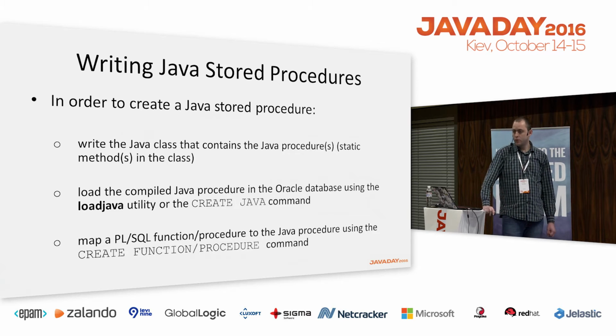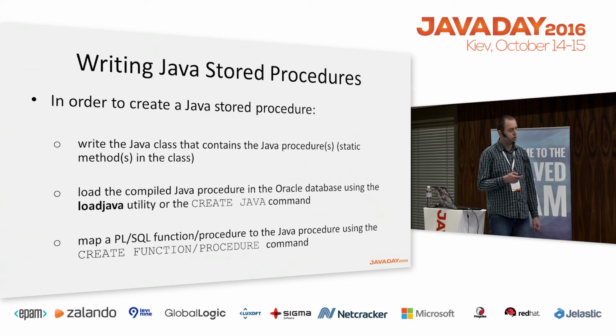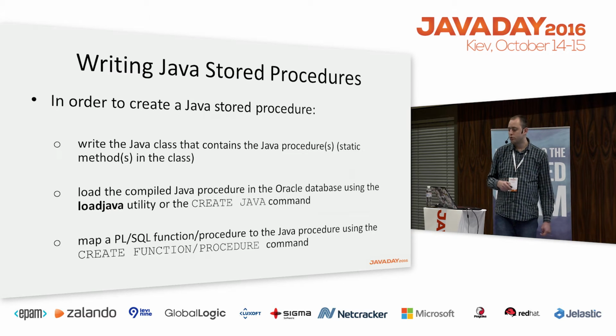Then you need to compile your Java classes and load them inside the Oracle database in a particular user schema. The way you can do this is either by using the loadjava utility, which is provided by the installation of Oracle database, or use a special command called CREATE JAVA, which allows you to do the same.